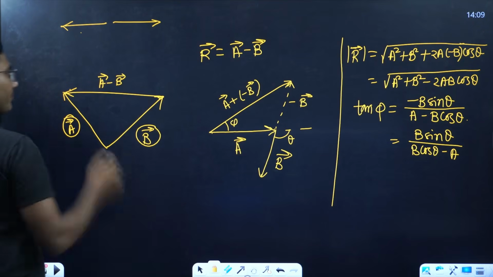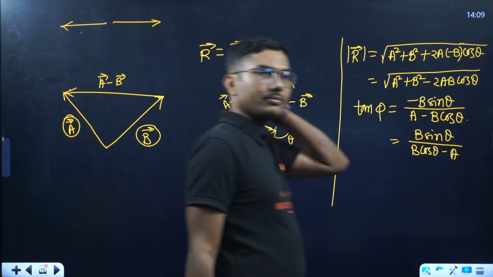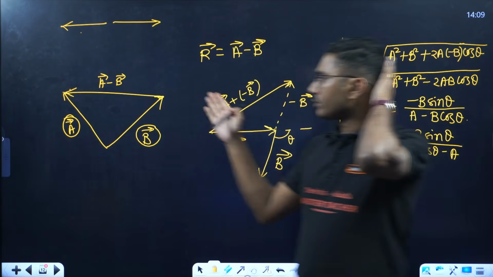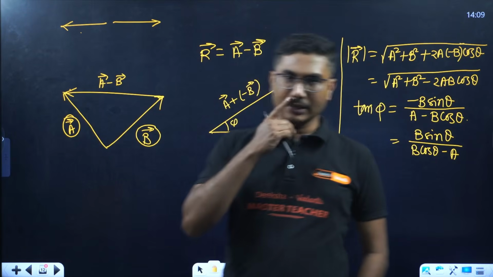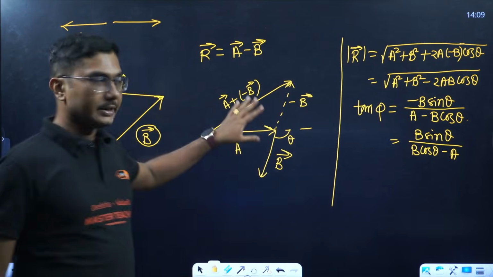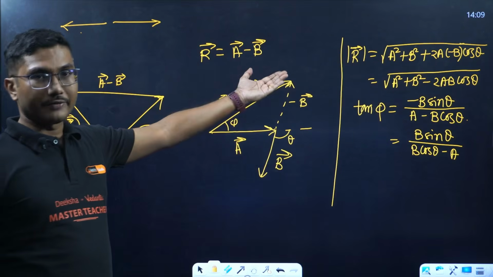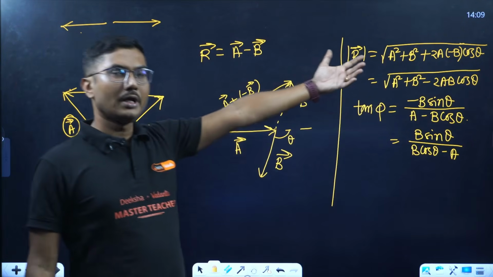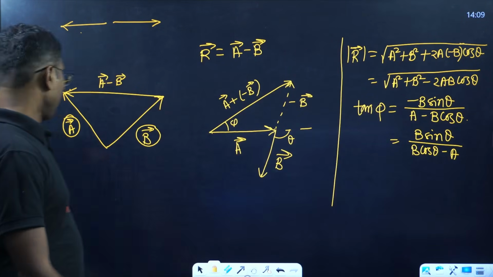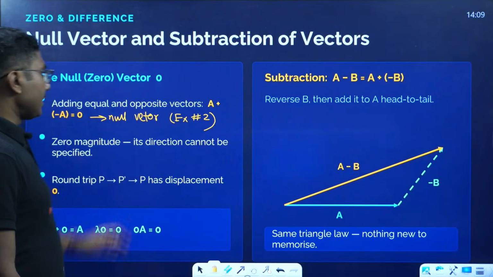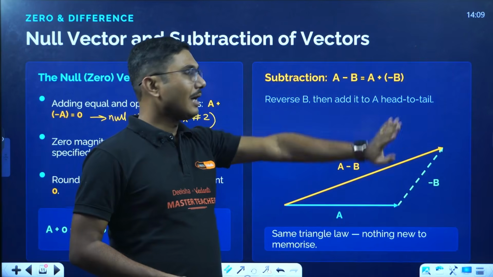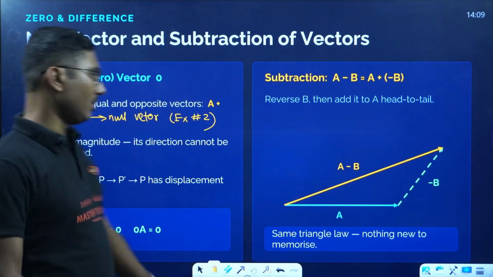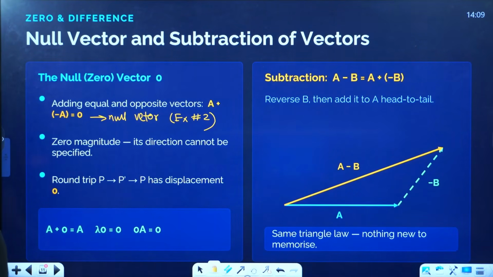So it will point from smaller vector towards larger vector. So this is a triangle addition. This is another method. Here we have taken the reverse of the vector and we have applied everything that we know. So this is an example of addition. So reverse the vector b and add them as per the triangle law.